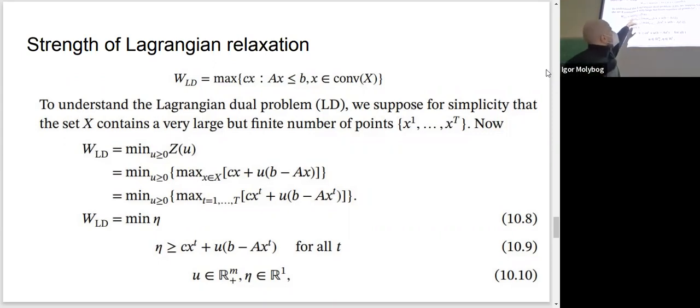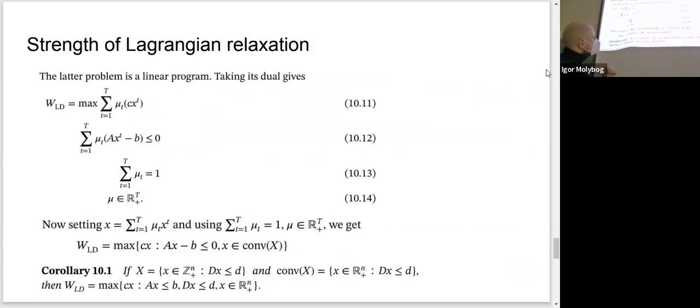So this minimization, or this Lagrangian dual, is in fact equal to the maximization of the original function over the dualized inequalities and x belonging to the convex hull of the non-dualized domain. This statement can be shown. It's done in the book, so I will probably not spend much time on this.